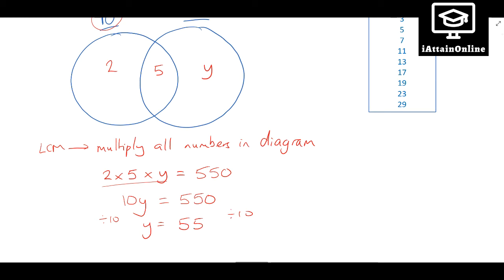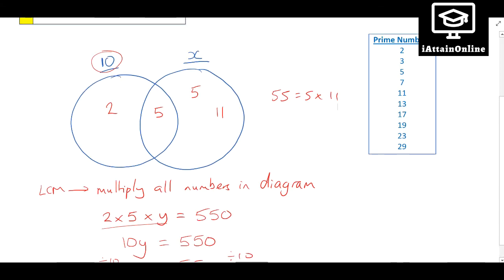So instead of y, I could now write 55. Now that's not a prime number, but you could, if you wanted to, break that down into a product of its prime factors. So that would be 5 times 11, because 55 equals 5 times 11. If you're going to do that, remember to rub that out there.